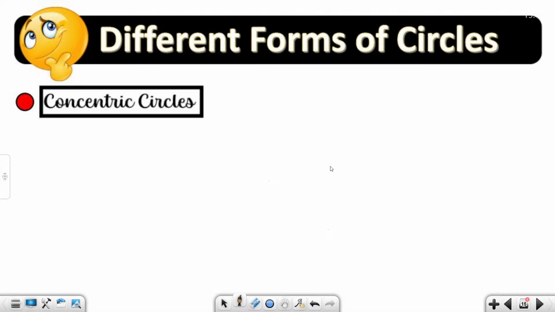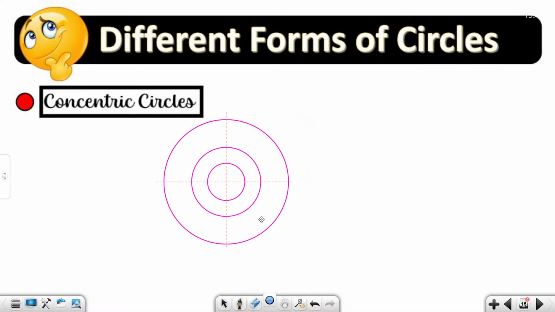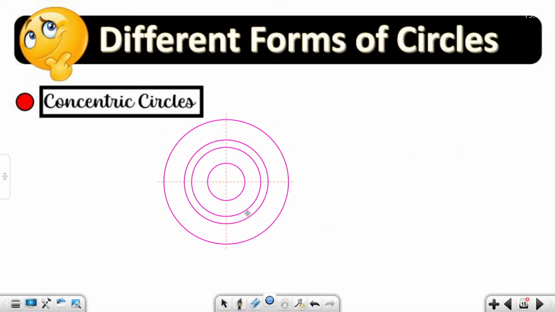Concentric circle. What do you mean by concentric circles? Concentric circles are those circles which are having their center same. The centers of all concentric circles are all same. See, these are all concentric circles. Their centers are same.